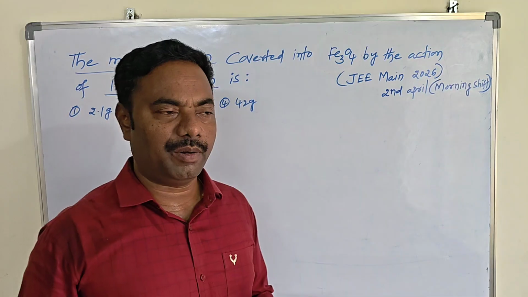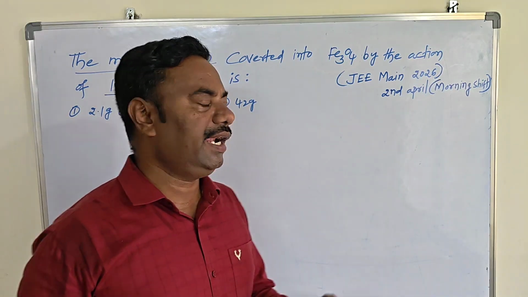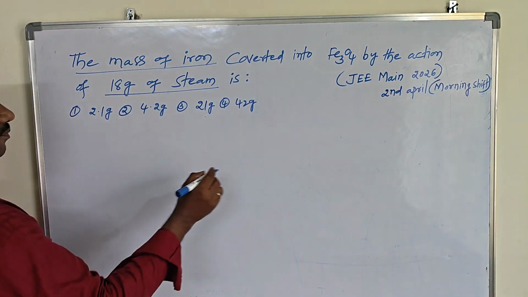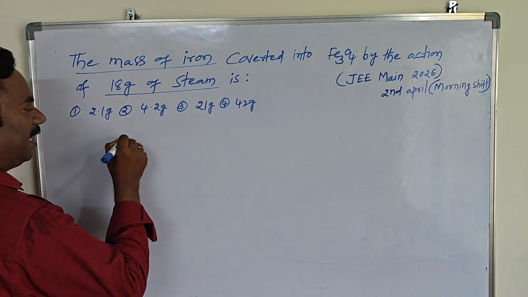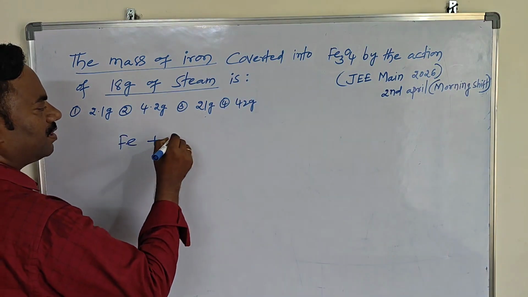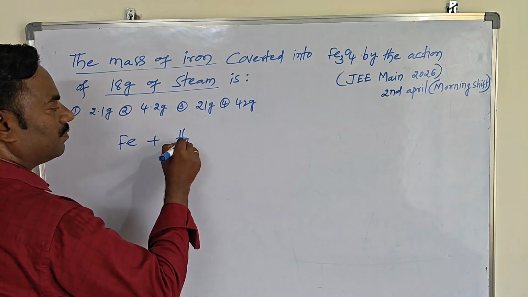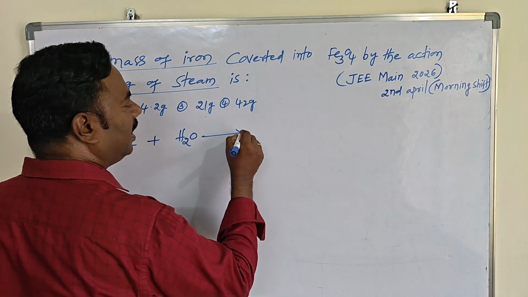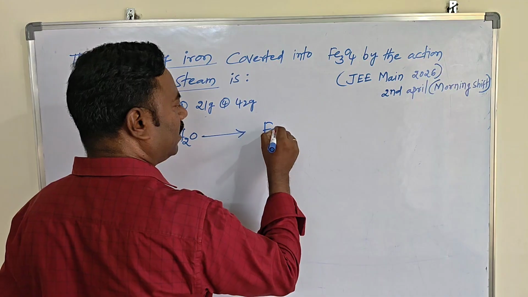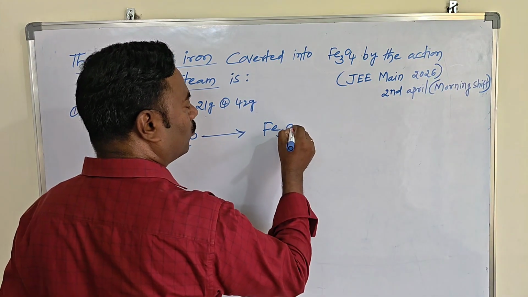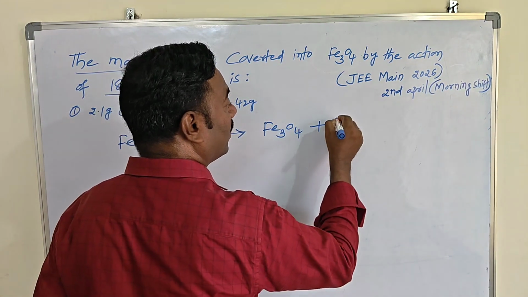After reading this problem, first we need to write the chemical equation. Iron is reacting with steam, and it will be converted into Fe3O4 and hydrogen gas.